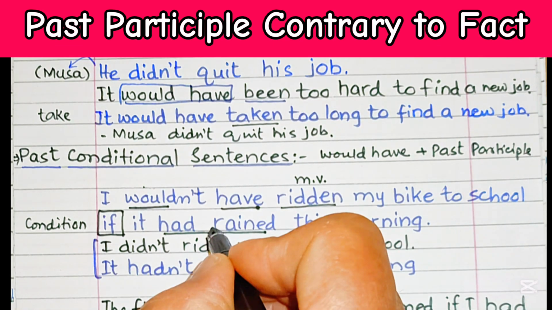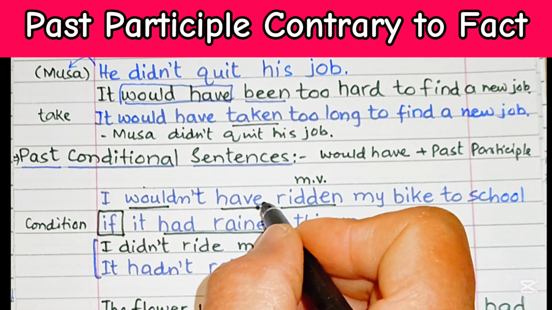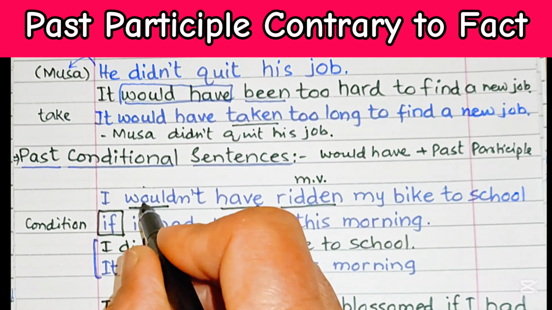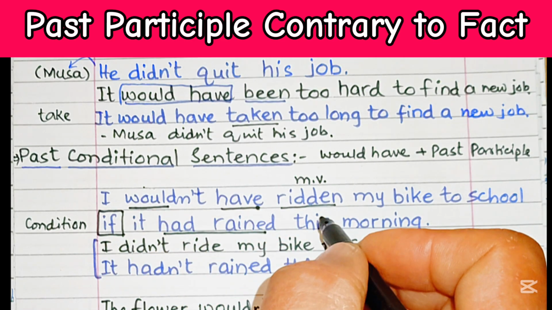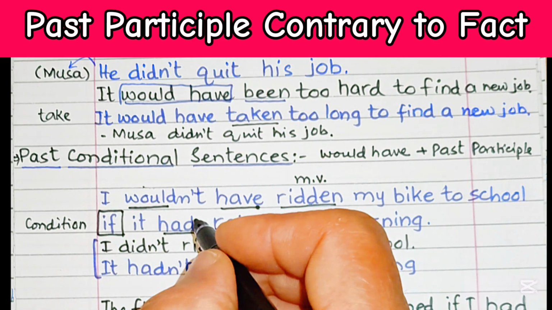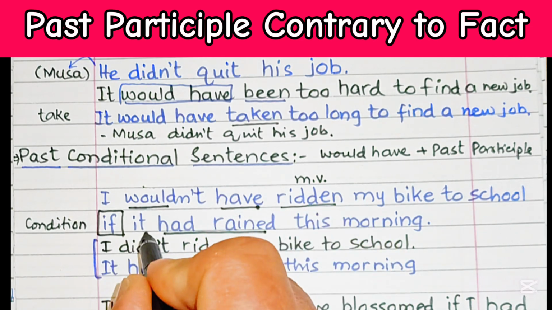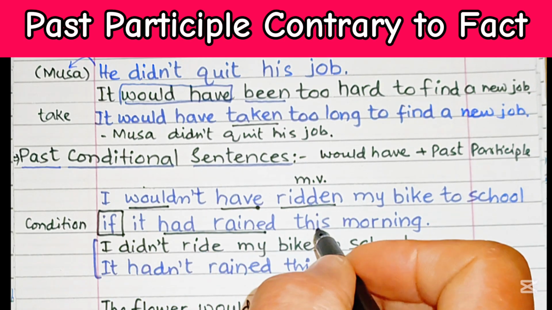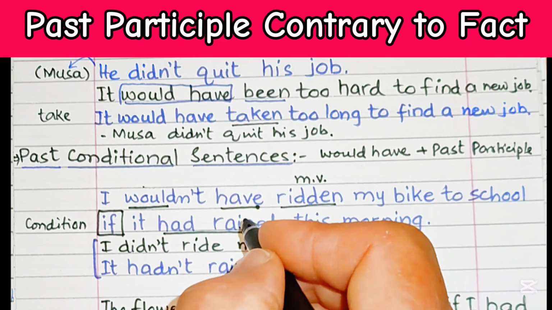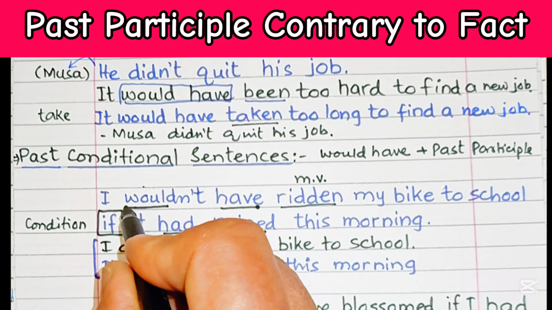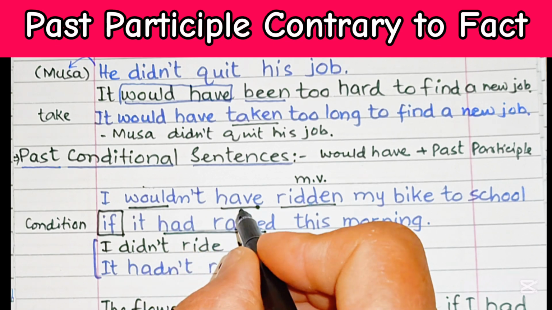So this is the condition that is totally dependent in order to make it happen. It didn't rain this morning. That is why it didn't happen.